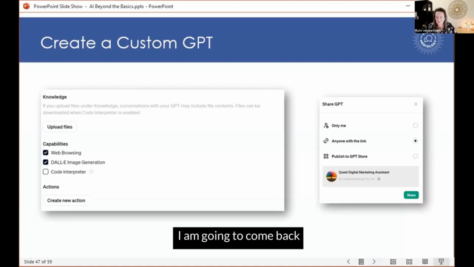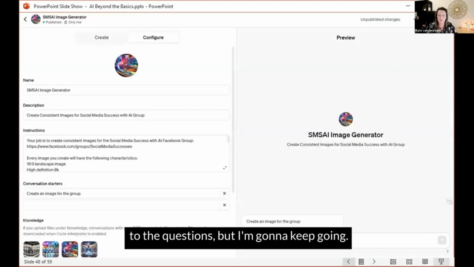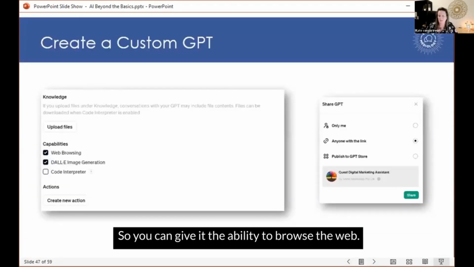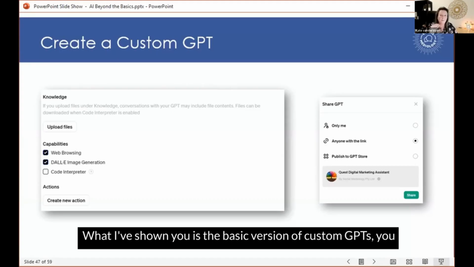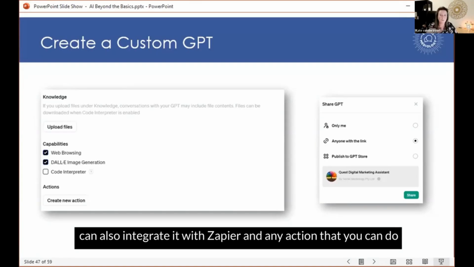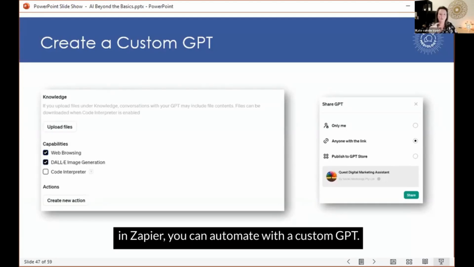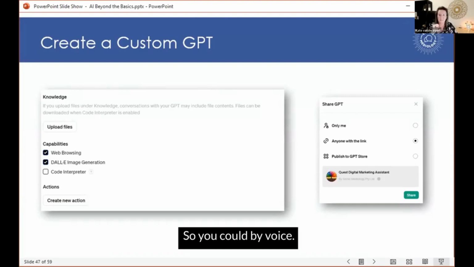I am going to come back to the questions, but I'm going to keep going. So you can give it the ability to browse the web. You can give it the ability to create images. What I've shown you is the basic version of custom GPTs. You can also integrate it with Zapier, and any action that you can do in Zapier, you can automate with a custom GPT.